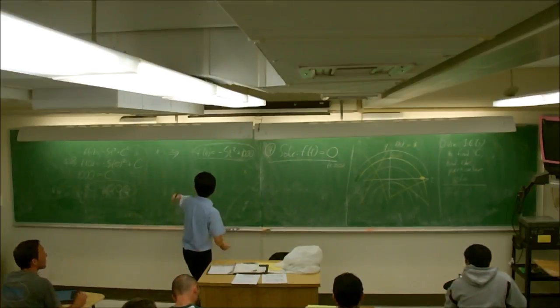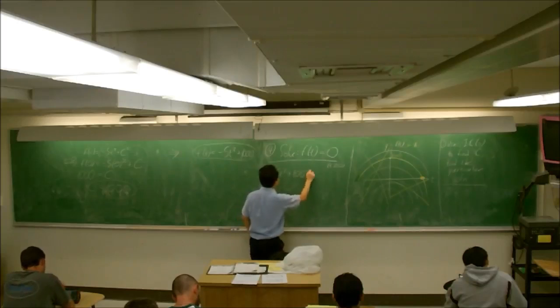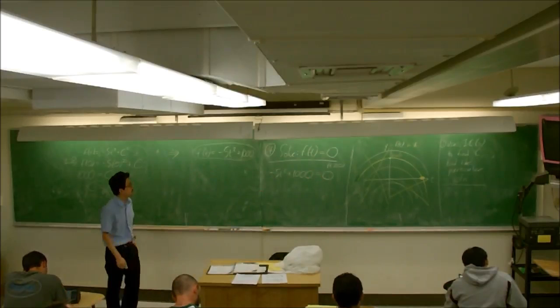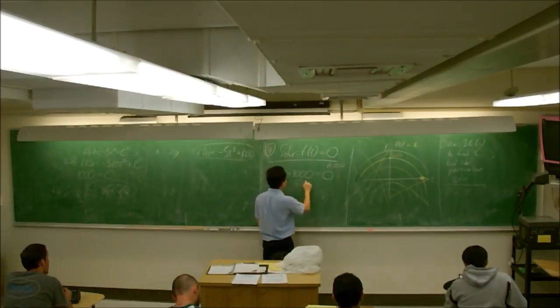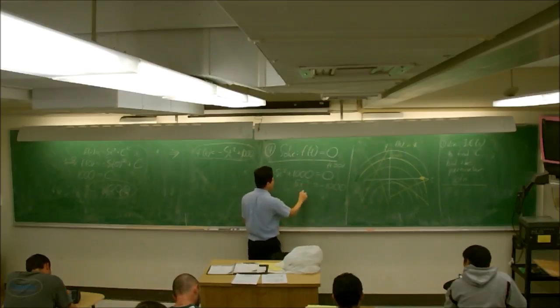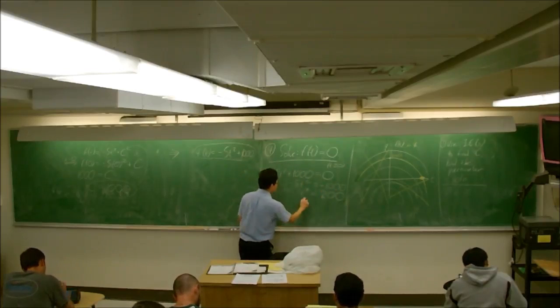What's f of t? It's this thing. Negative 5t squared plus 1,000 equals 0. At some point, you have to identify what c is, right? Okay, let's subtract 1,000. Negative 5t squared equals negative 1,000. Divide by negative 5. T squared equals positive 200. All right.